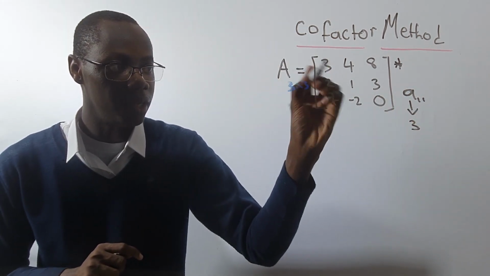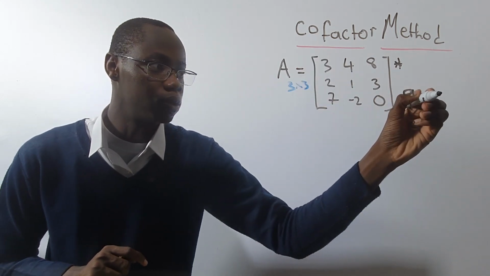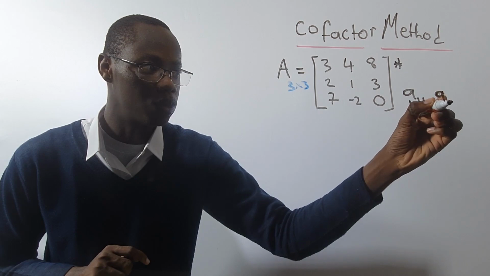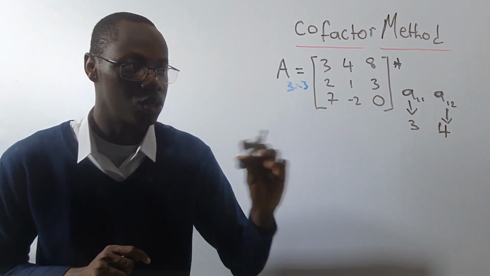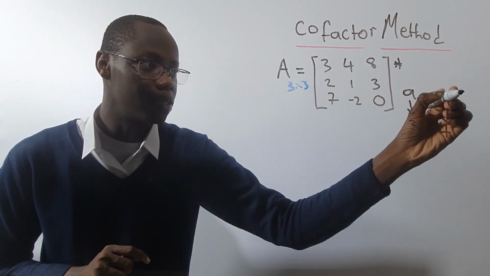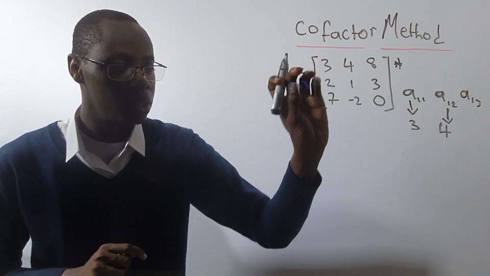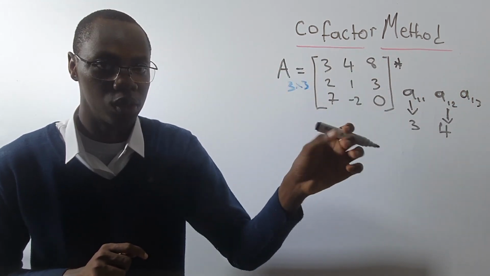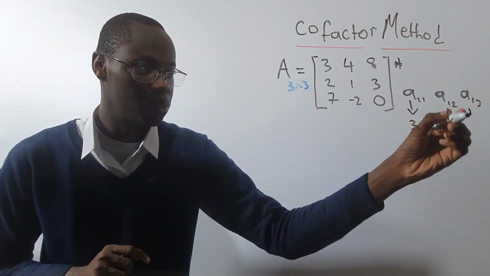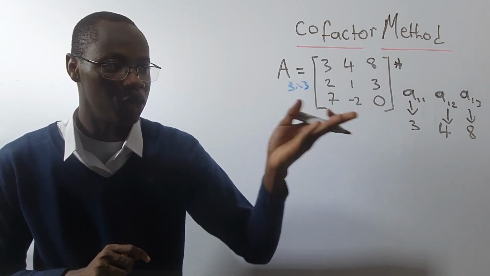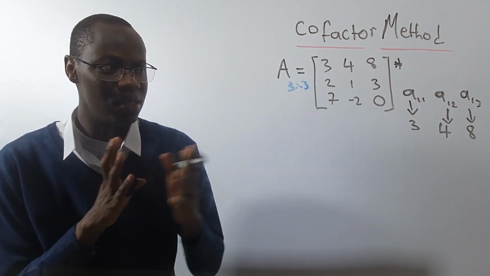What about 4? 4 will be A12, right? So all I'm doing is just naming them. And lastly A13. A13 will be first row and the third column, which is this 8 here. So 8, very simple. Now we have succeeded in naming them, which is the easiest part.